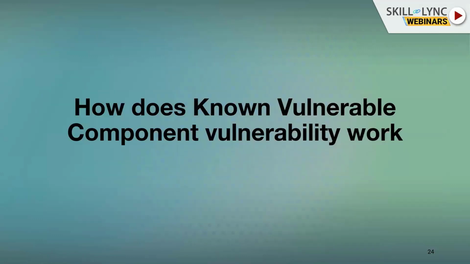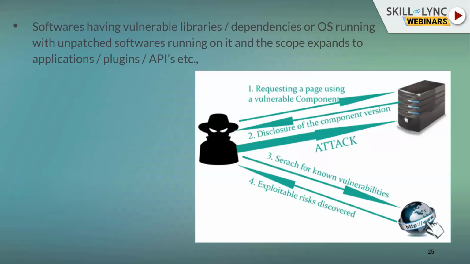Now, the last vulnerability which I want to discuss is called the known vulnerable components vulnerability. I'm not sure whether most of you have heard about an organization called Equifax that went through a very major breach 2 to 3 years back, in the financial sector, and there is open documentation available to read about it.